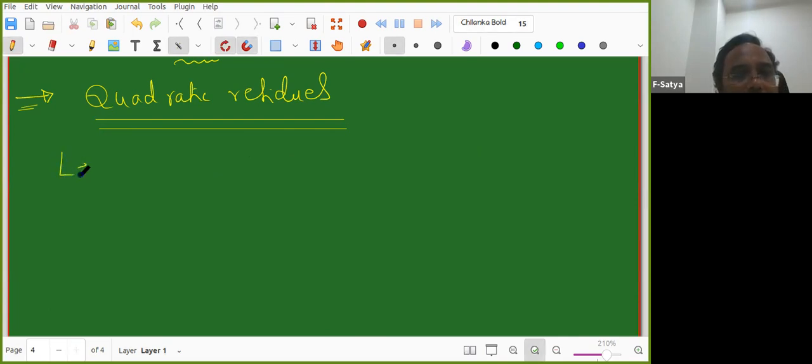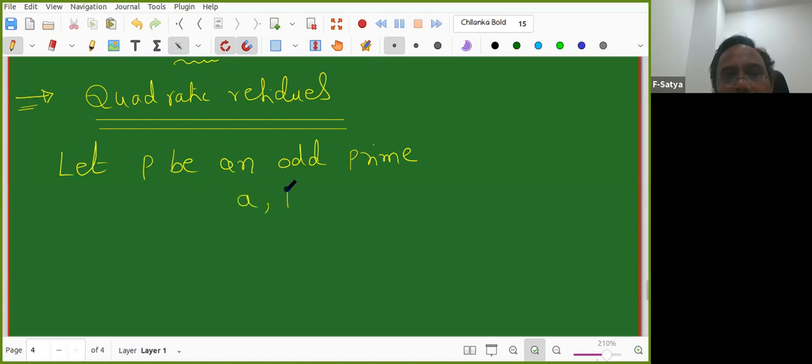Let p be an odd prime, and gcd(a, p) = 1. In this entire chapter, p is an odd prime.